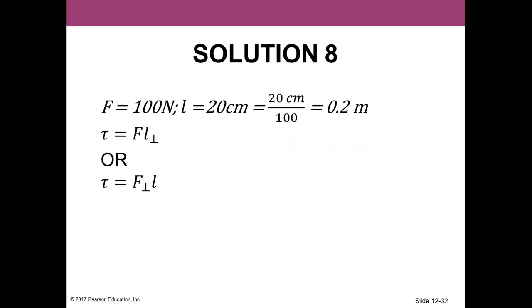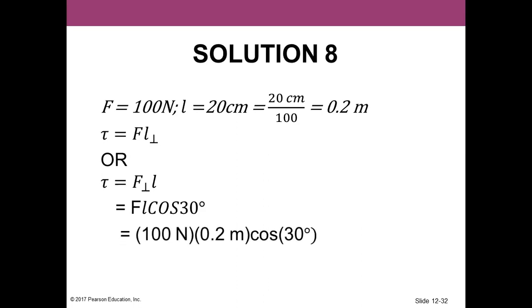Then the formula is this: tau is equal to F times the perpendicular lever arm, or tau is equal to the perpendicular force times the lever arm. Then we get the component there, which is cos 30.